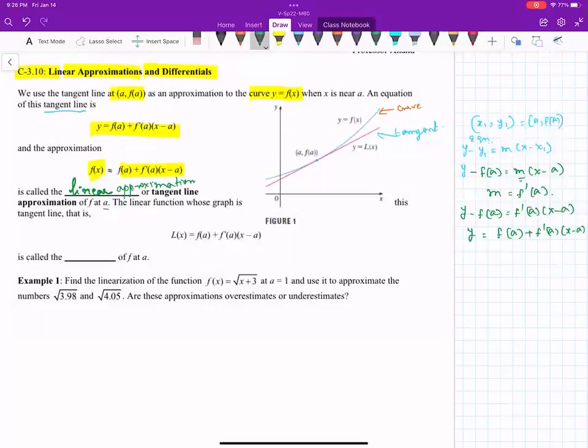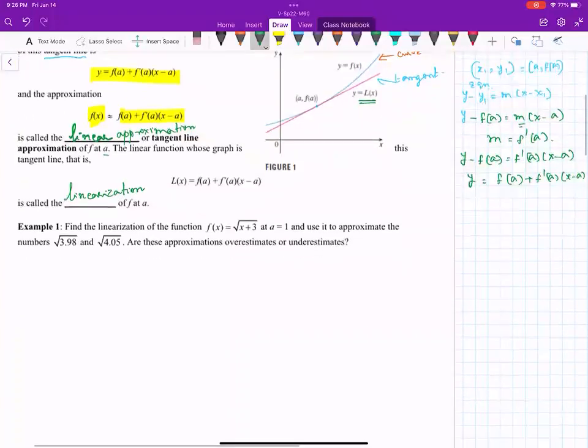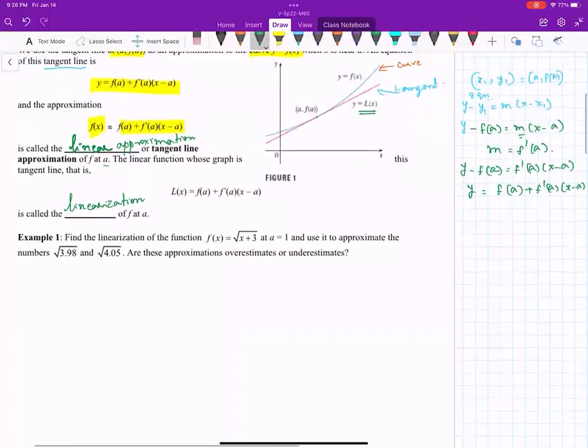The linear function whose graph is the tangent line, that is L(x) = f(a) + f'(a)(x - a), which you see here, is called the linearization of f at a. So f(x) is approximately equal to L(x), which is the tangent line. This is the idea behind linearization.